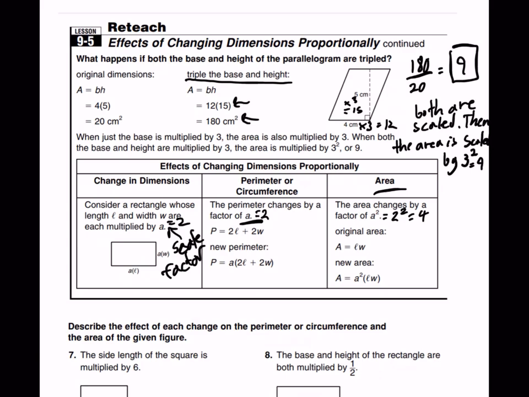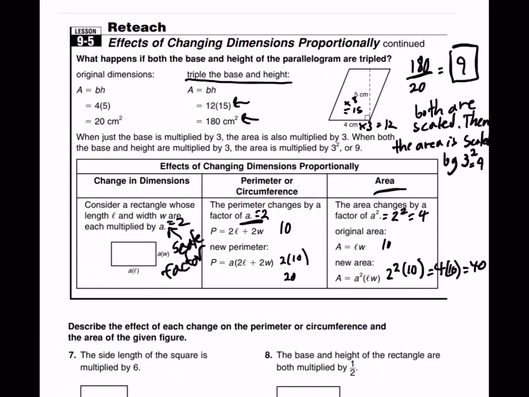So let's put some numbers here real quick. Let's say my original perimeter is 10. My scale factor is 2, so my new perimeter would be 2 times 10, which gives me 20. If my original area was, let's just say, 10, then this would change by 2 squared times 10, which is 4 times 10, which is 40.